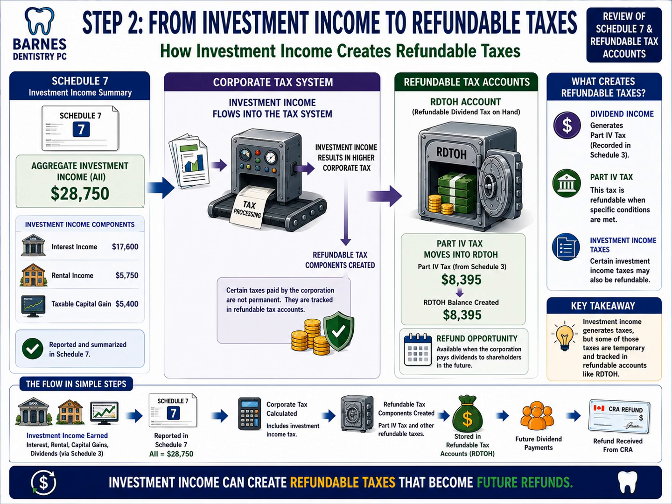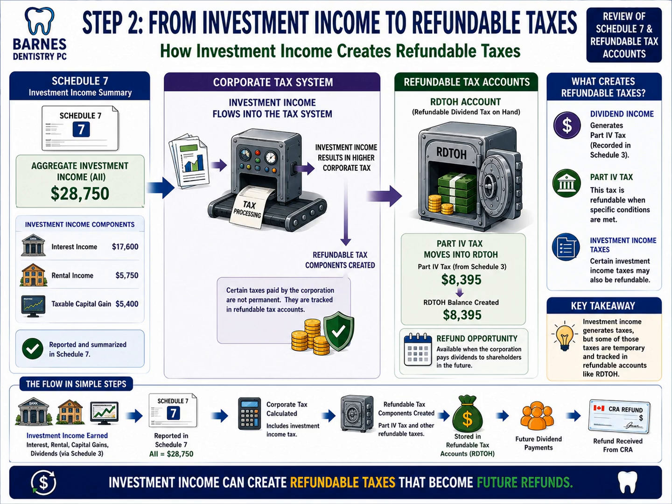Schedule 7 has calculated aggregate investment income of $28,750. This amount is made up of three components: interest income of $17,600, rental income of $5,750, and taxable capital gains of $5,400.